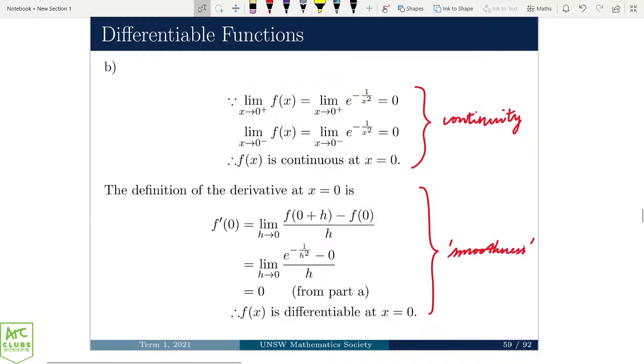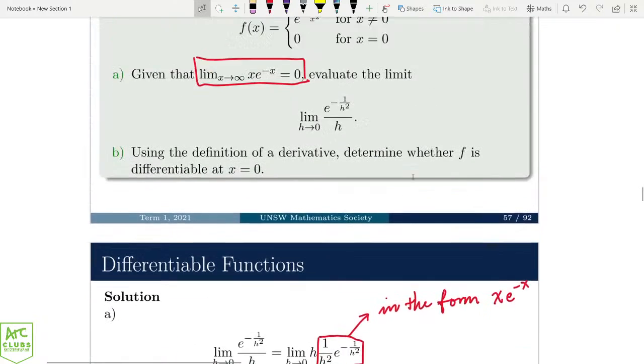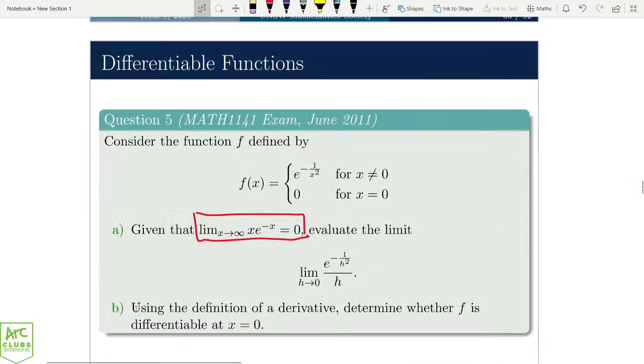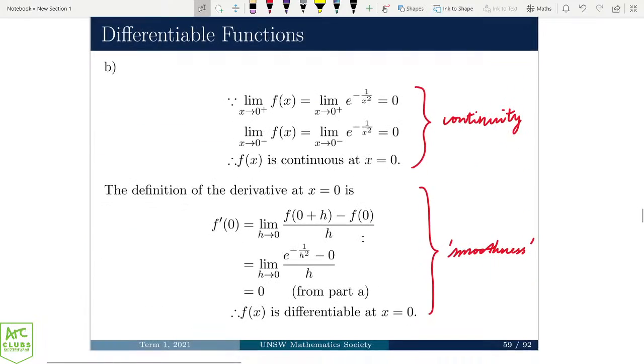Now moving on to the second part, proving differentiability of a function, we're going to be using the definition of a derivative. Recall that's what we've been asked to do in the question. The definition of a derivative is the limit of the expression f(x + h) minus f(x), over h, as h approaches 0.